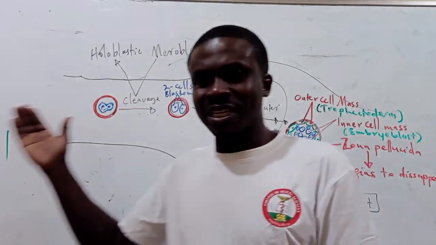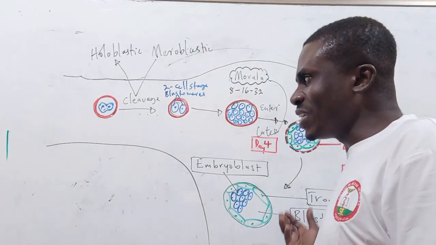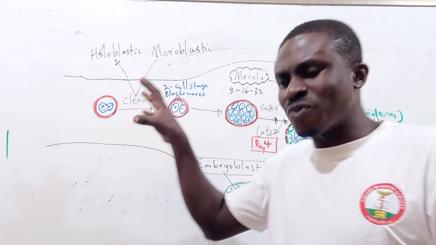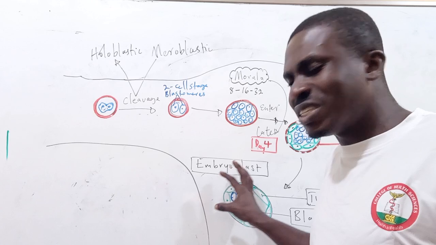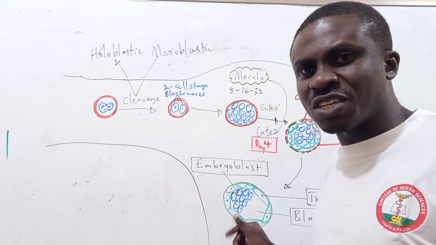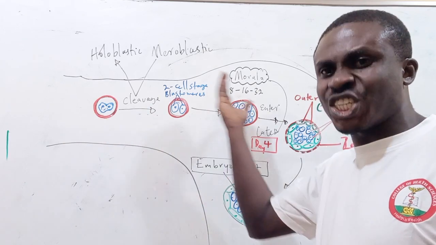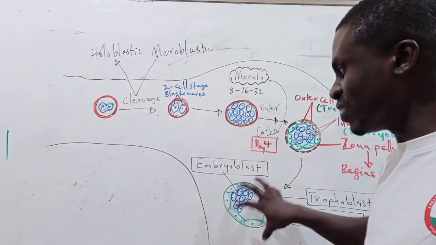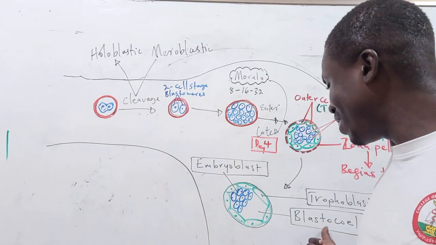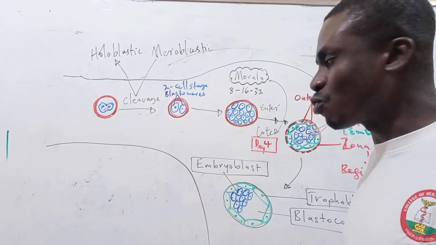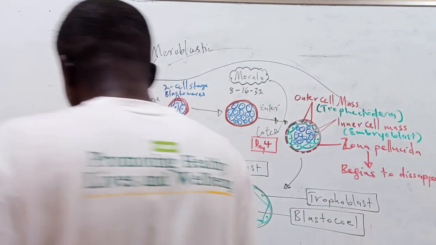Now, this whole process, forming all these things, the process for us to form a cavity which is filled with fluid, called a blastocele, is what we call blastulation. The whole process leading to the formation of this structure bearing this kind of cavity is called blastulation.